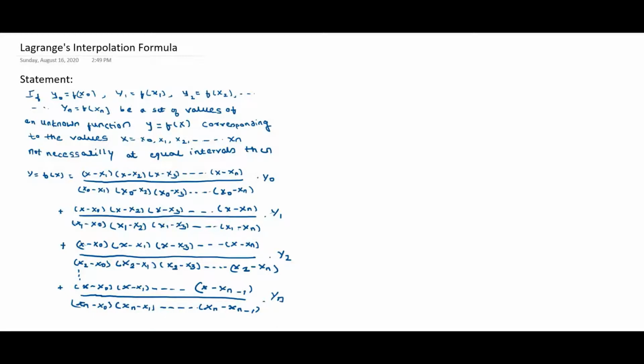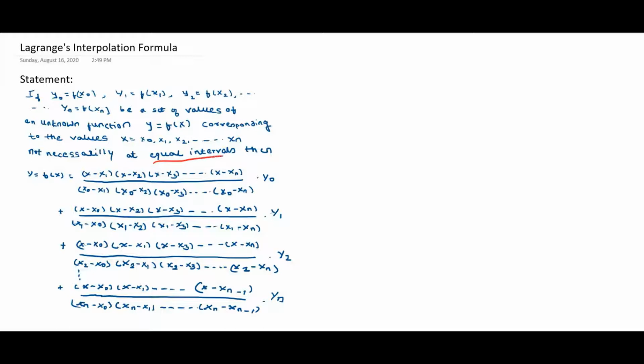Okay, first let us understand the statement. If y0 is equal to f of x0 and so on to yn is equal to f of xn, be a set of values of an unknown function y is equal to f of x corresponding to the values of x is equal to x0 and so on up to xn. Remember, not necessarily at equal intervals.